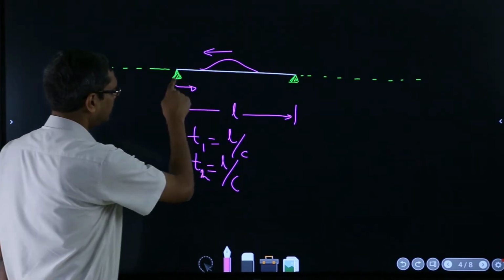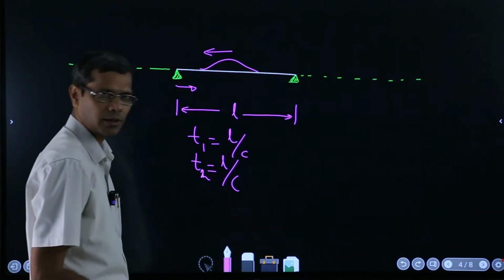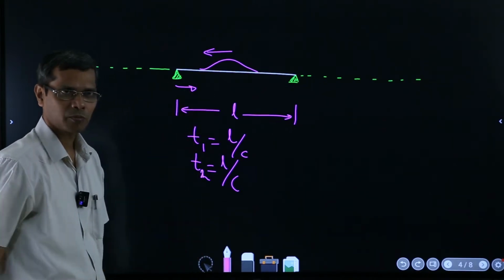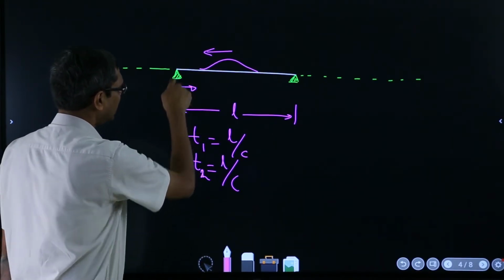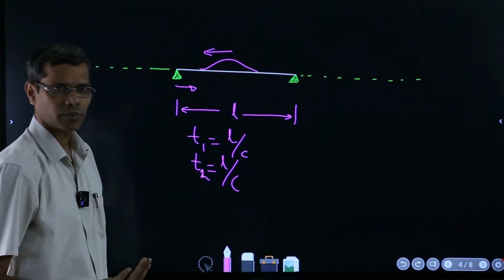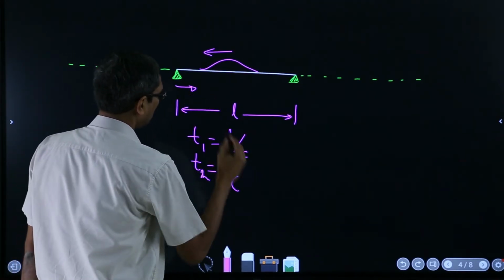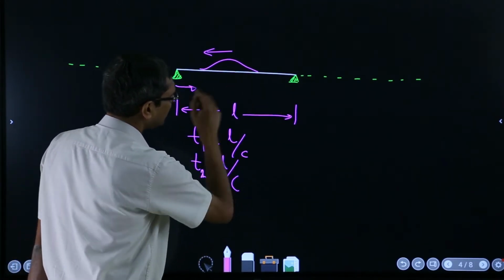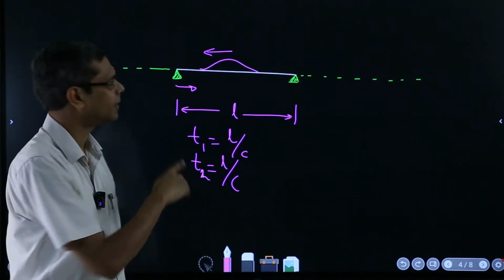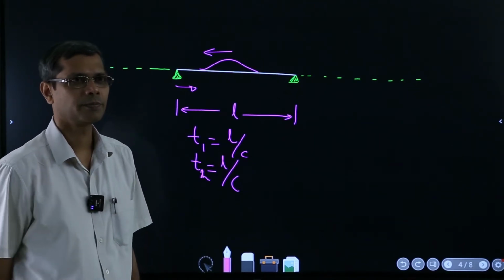Means when it went there and came back, it is again going back for the second time. So it will be exactly the same as it was at the beginning, shape wise. So that's why these kind of systems will always have a periodicity in their motions.